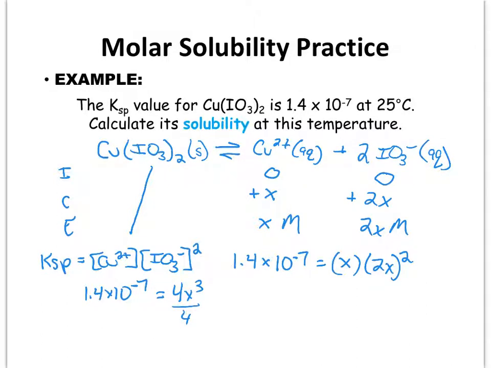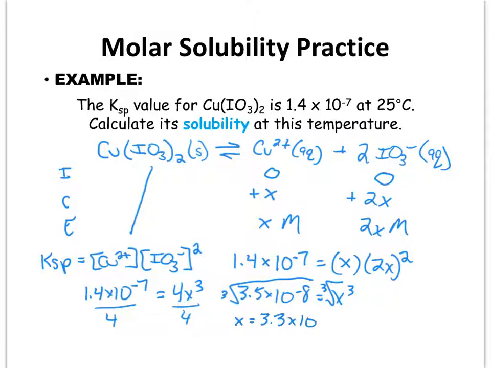You can divide both sides by 4, and we get 3.5 times 10 to the minus 8 equals x cubed. Take the cube root of both sides, and we get x equal to 3.3 times 10 to the minus 3 molar. Because the molar solubility is x in these problems, I know the solubility of the original compound.